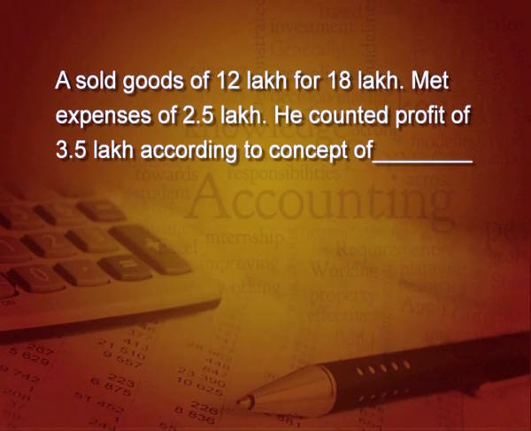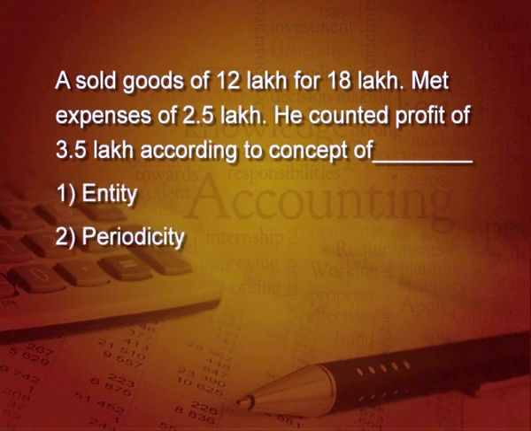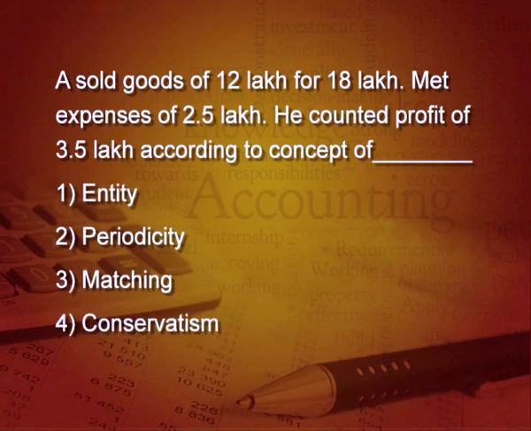He is counting a net profit of 3.5 lakh. Now, this is according to which concept? Entity, periodicity, matching or conservatism? No, it is not conservatism, it is matching concept, because we are matching the income of a particular period with the expenses of that particular period and getting a correct profit, right. So, it is matching concept.